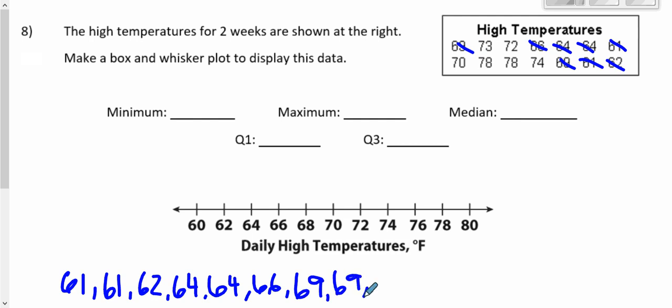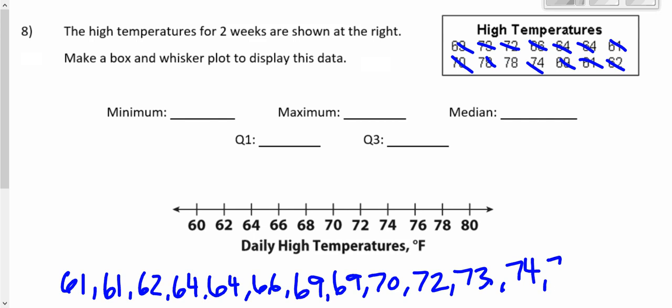And then now I'm into the 70s. So here I have a 70, 72, 73, 74. And then my last two give me a 78 and another 78. Okay, so here's my data set from least to greatest here at the bottom.